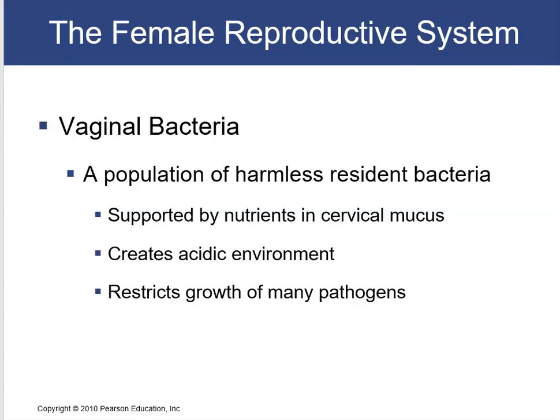Because of the acidic environment, this creates a very harsh environment and not very hospitable to the sperm. And this is why when we talked about semen production, a lot of buffers and alkaline products are secreted into it or are part of the semen to help neutralize this acidity.